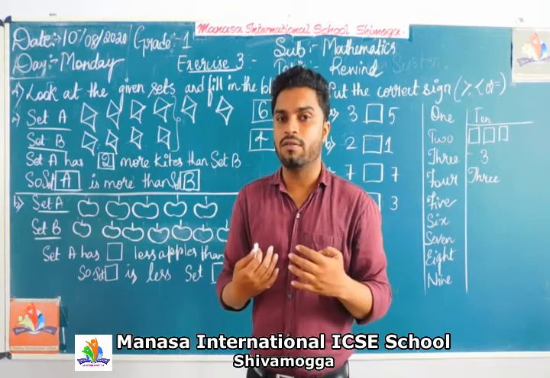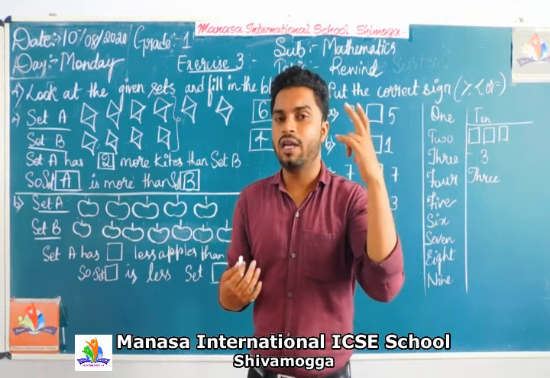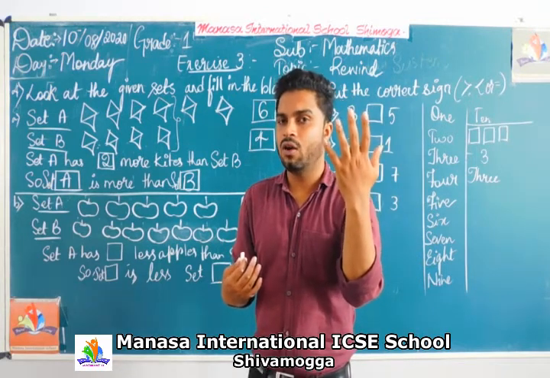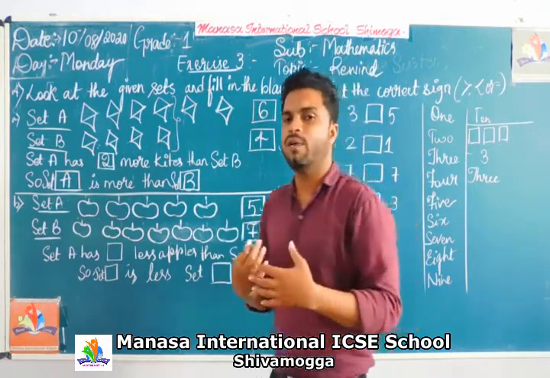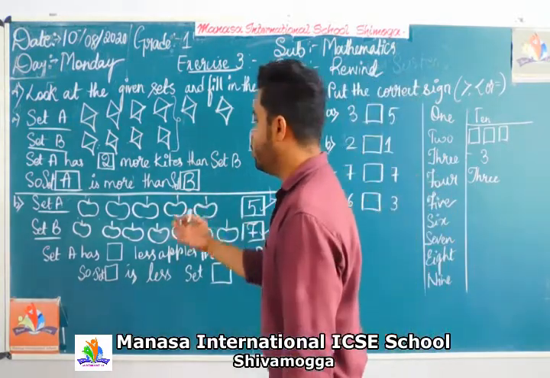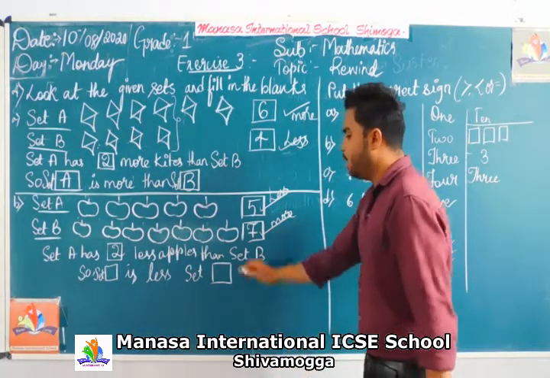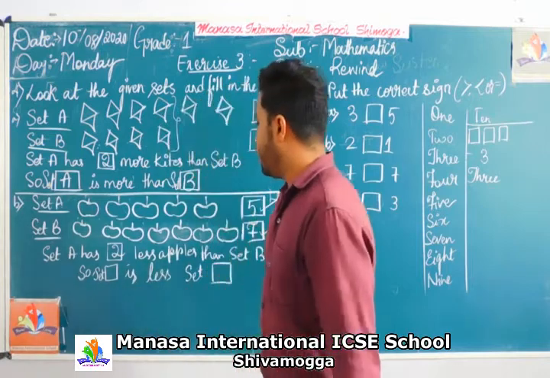How many? 2. 7 in the mind, 5 in the fingers. You can take 5 in the fingers, 7 in the mind and do the subtraction. So, set A has 2 fewer apples than set B.